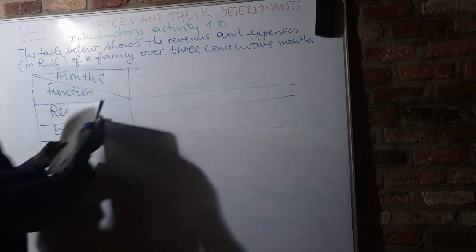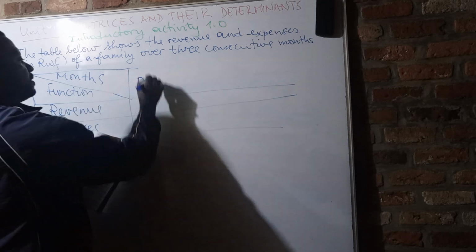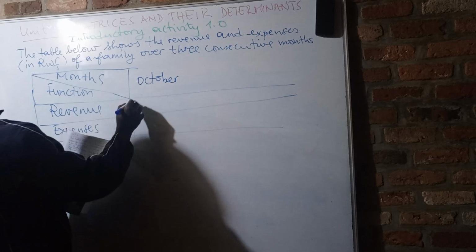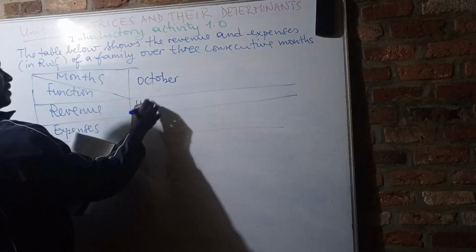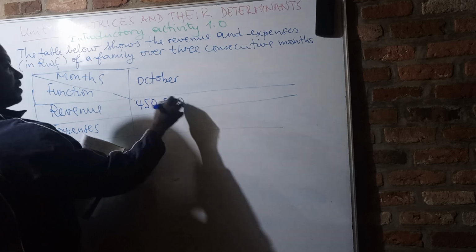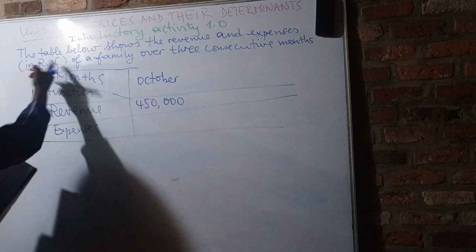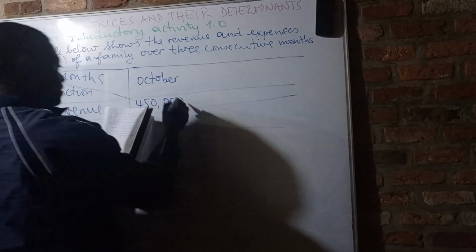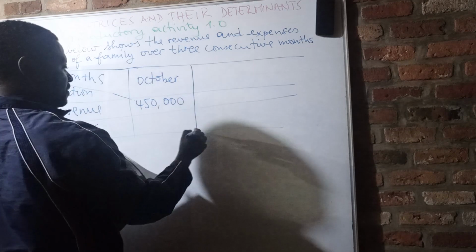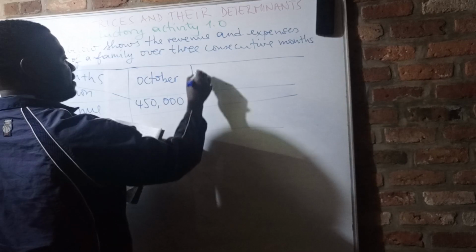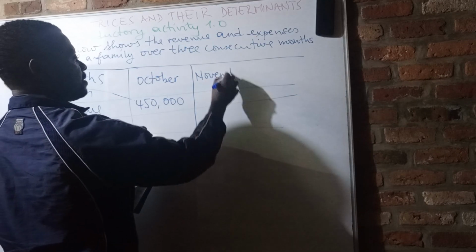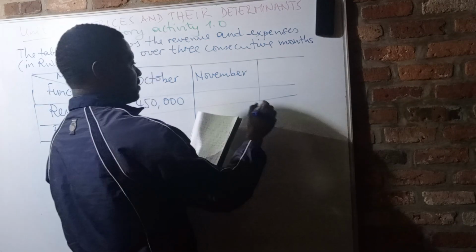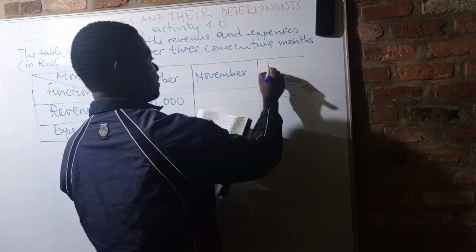For revenues in October, we have like 450,000 Rwandan francs, and then we're gonna have October, we're gonna have November, and we got also December also.